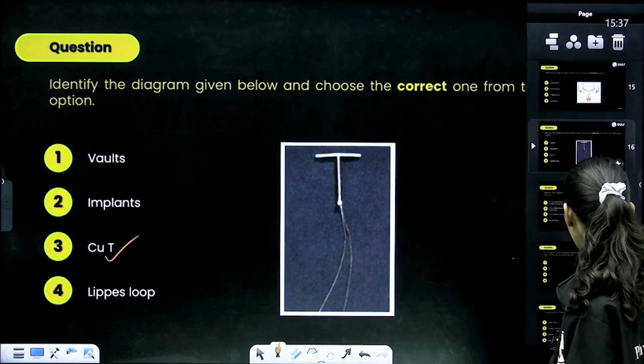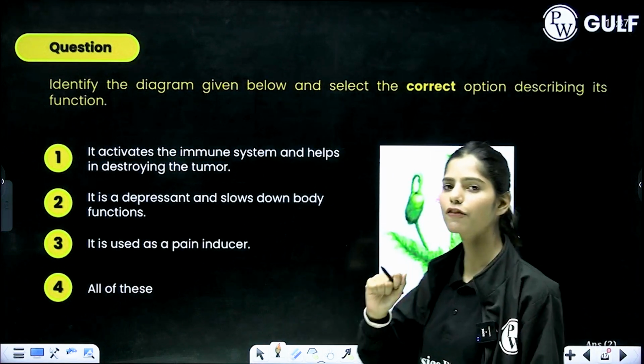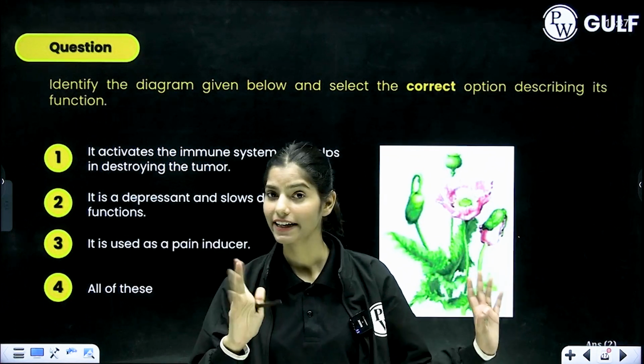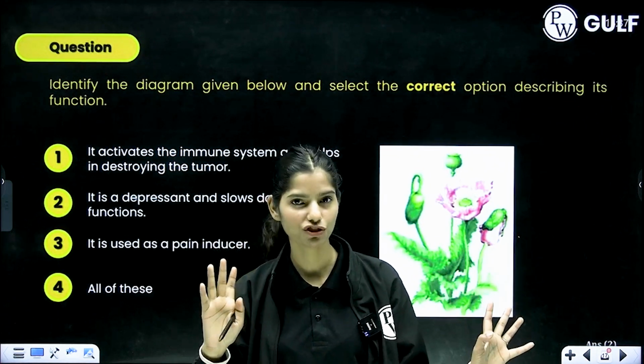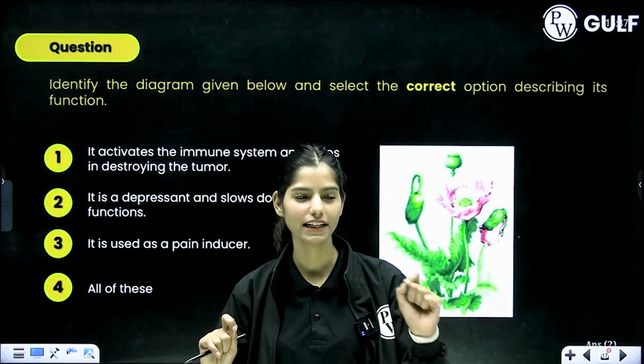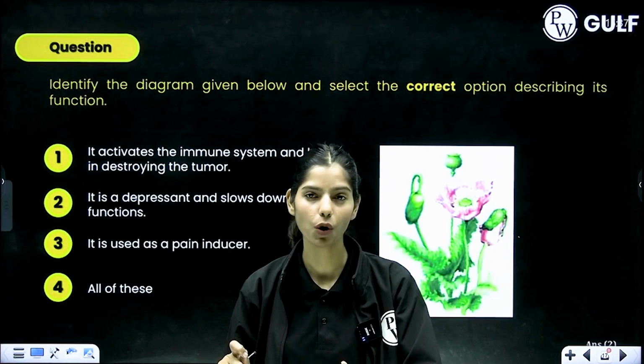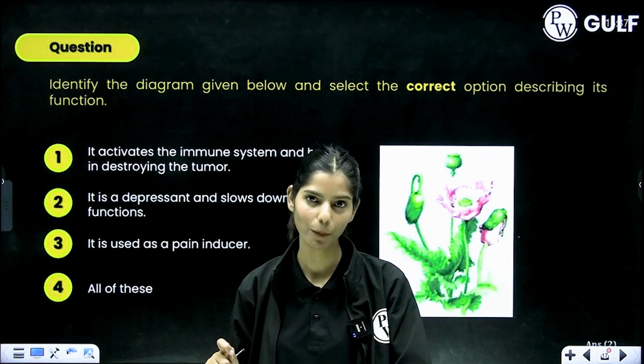Okay, now moving on, we have one more diagram from human health and disease. They can give you plants from which drugs are isolated. So you need to identify the plant, label it if it requires, and write down important points.